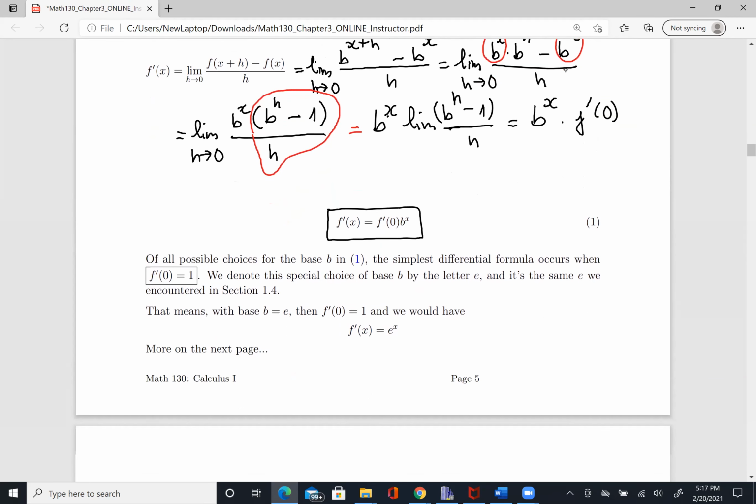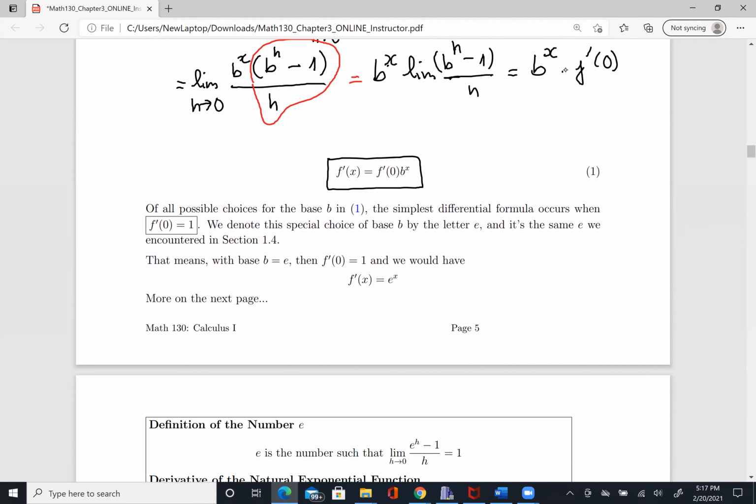All right, let's move down here. Of all possible choices for the base b in number 1, the simplest differentiation formula occurs when f prime of 0 equals 1. We denote this special choice of base b by the letter e, the same e we encountered in section 1.4.